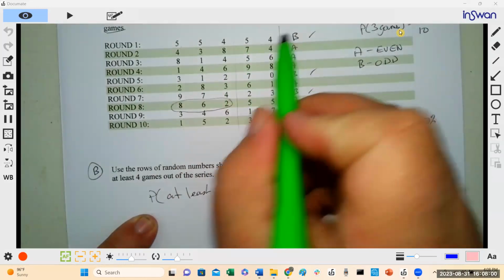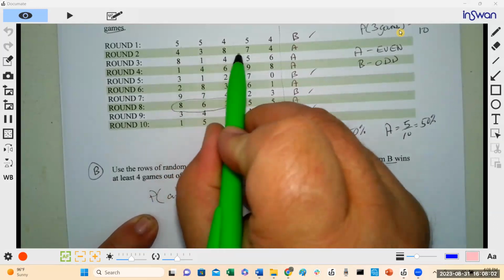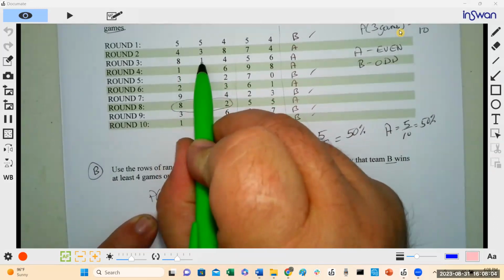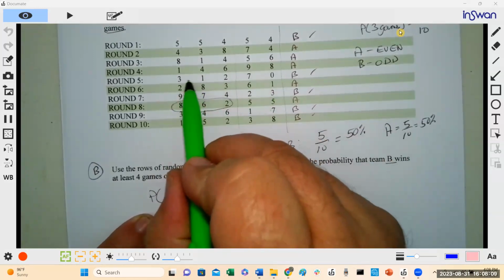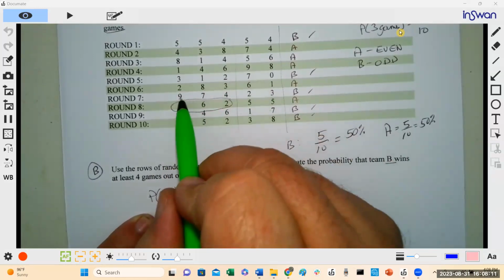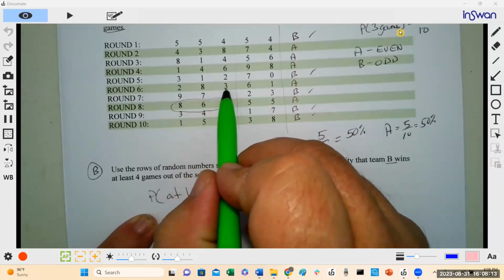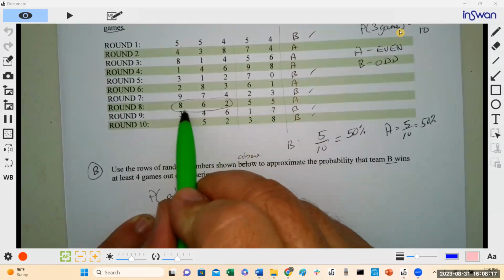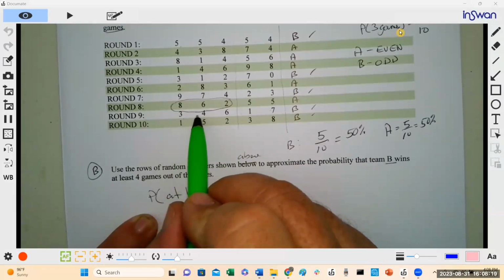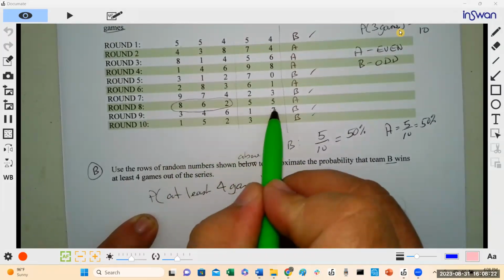Only 3 there. Nope. Only 2. Only 2. 3. 2. 3. 2. So I'm looking for how many odd numbers there are.